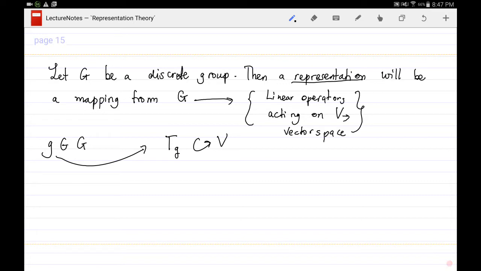This representation can be labeled, and I can call it, for example, gamma or something like that.